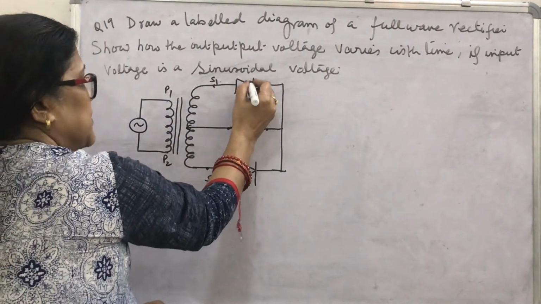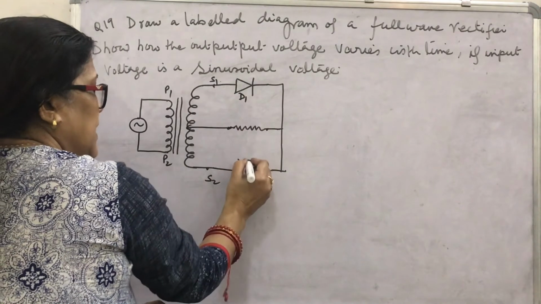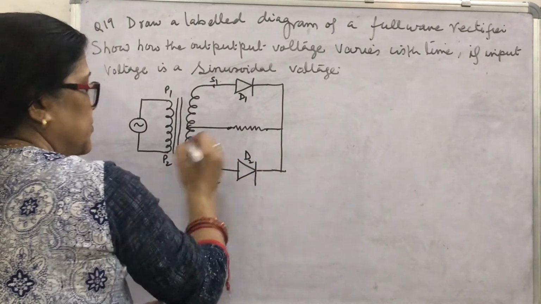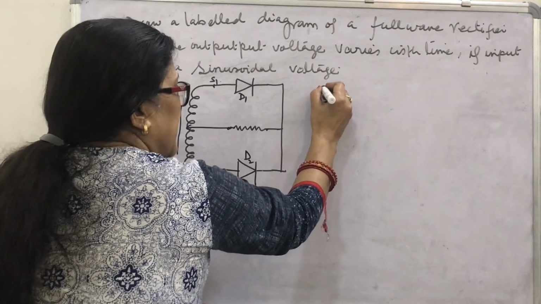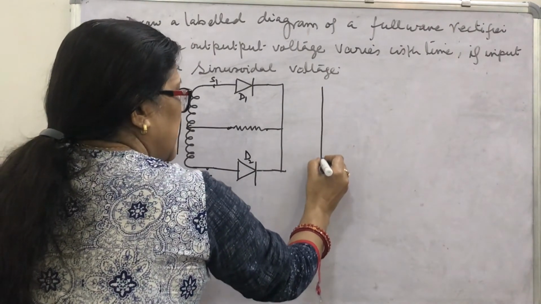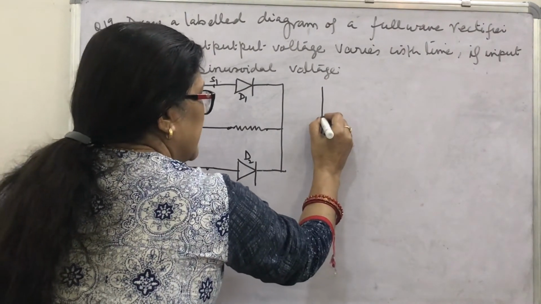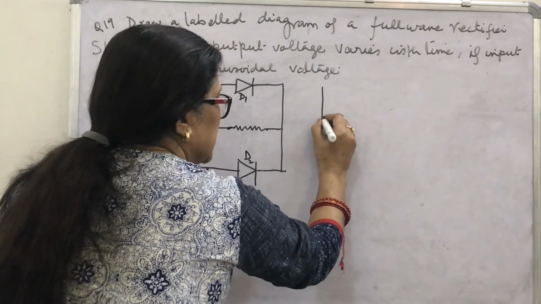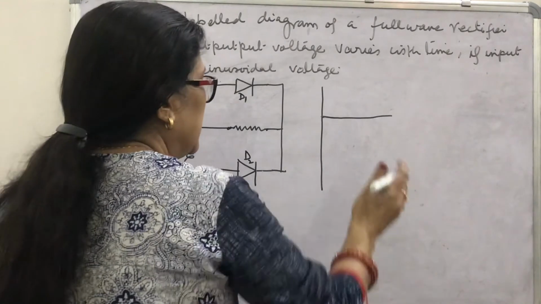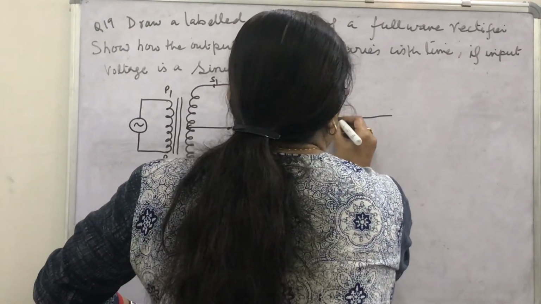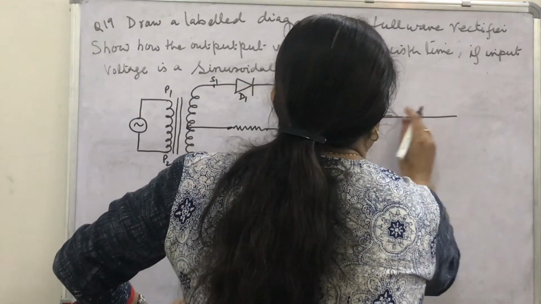This diode, suppose its name is D1 and this one is D2. The input applied is shown here. If you draw the graph for the input voltage, that is the sinusoidal voltage, it is given here. Then you have to draw the graph for the sinusoidal voltage like this.